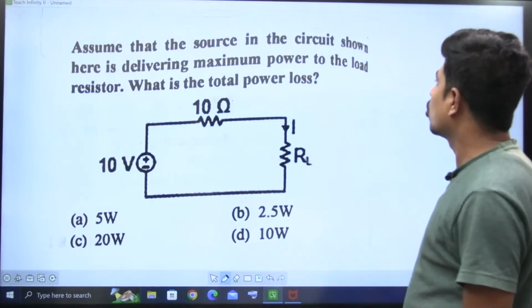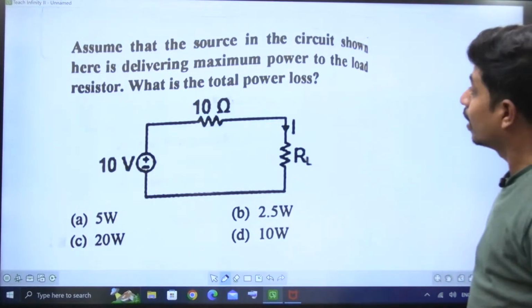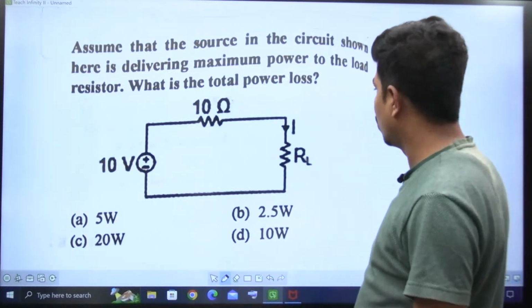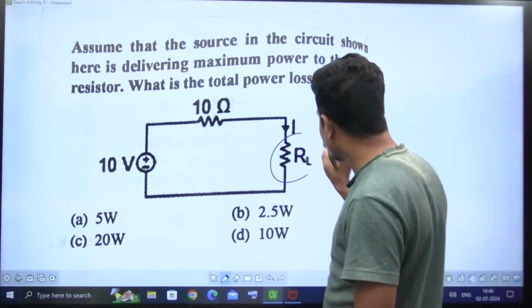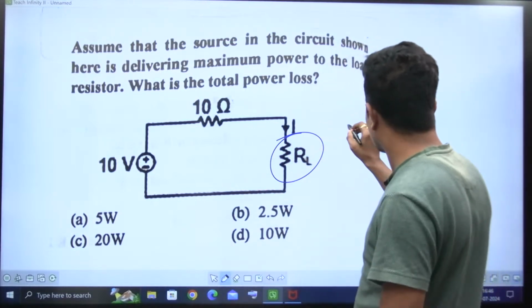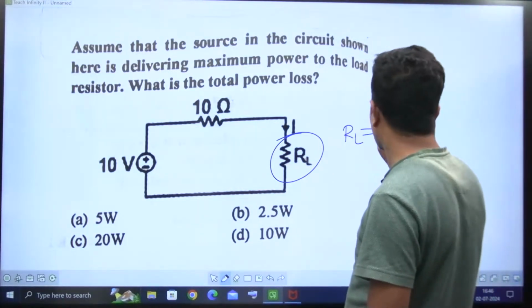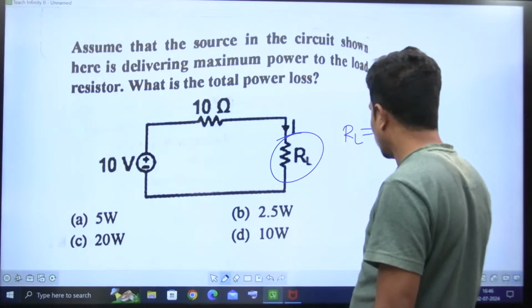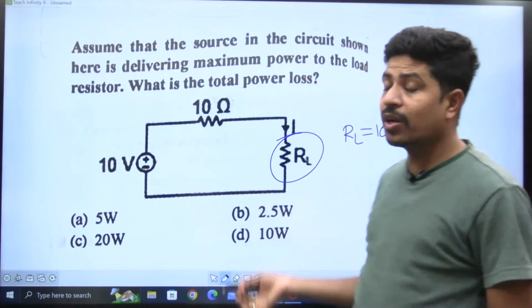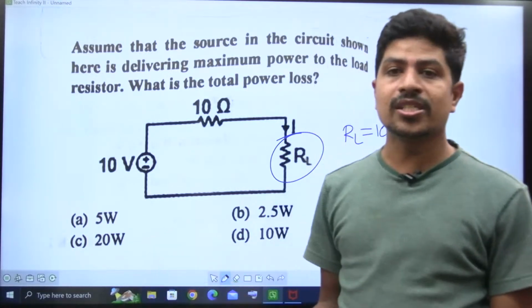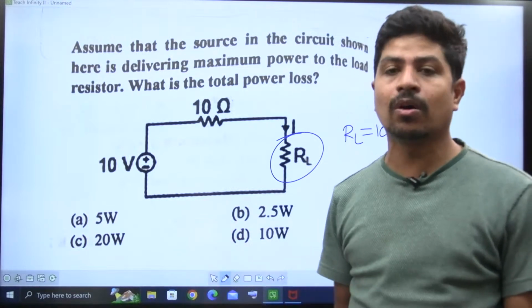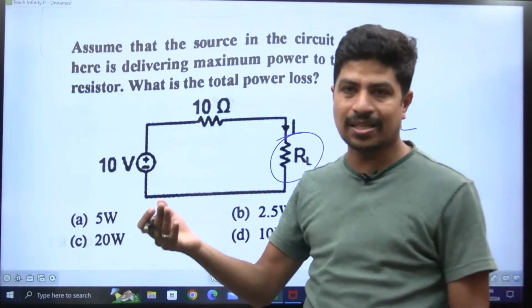Assume that the source in the circuit shown here is delivering maximum power to the load. If it is delivering maximum power, RL must be equal to R Thevenin, that is 10 ohm. If it is delivering maximum power, load resistance must be equal to source resistance or Thevenin's resistance.